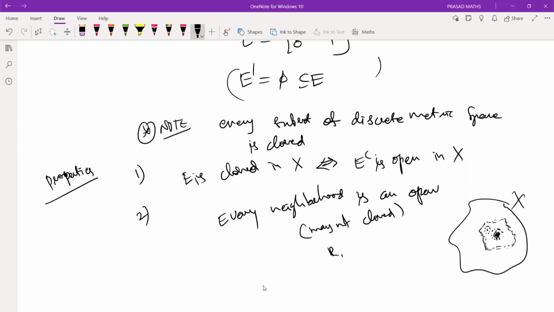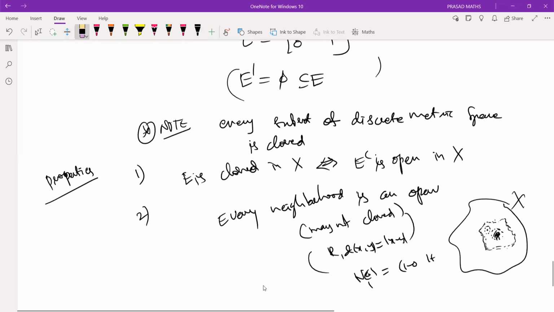You have seen R with respect to the usual metric. This neighborhood around 0 with the radius 1 is nothing but 0 minus 1, 0 plus 1.